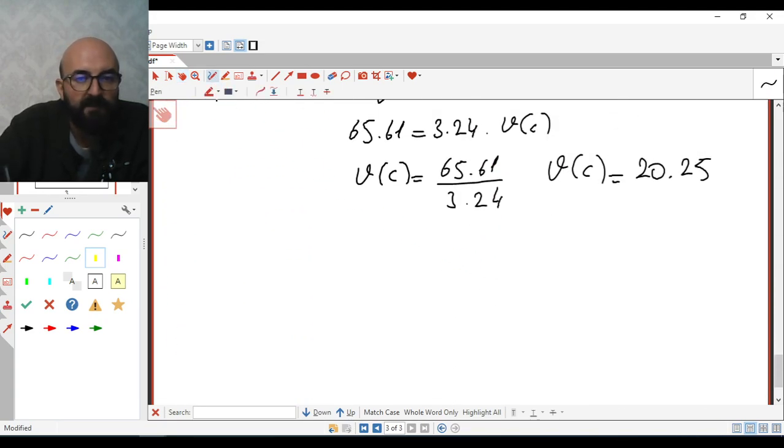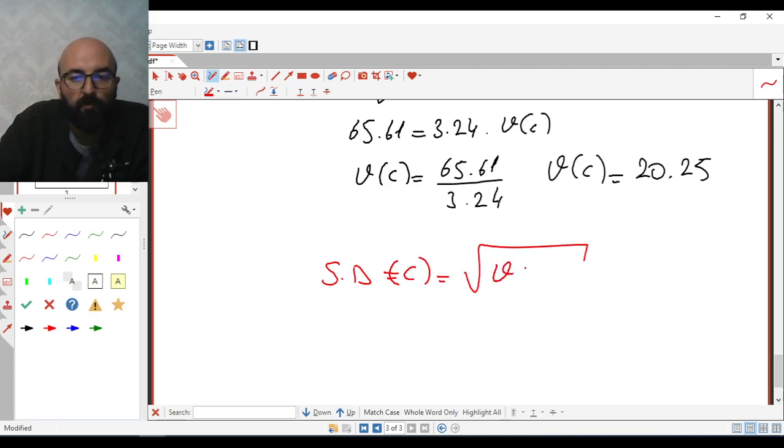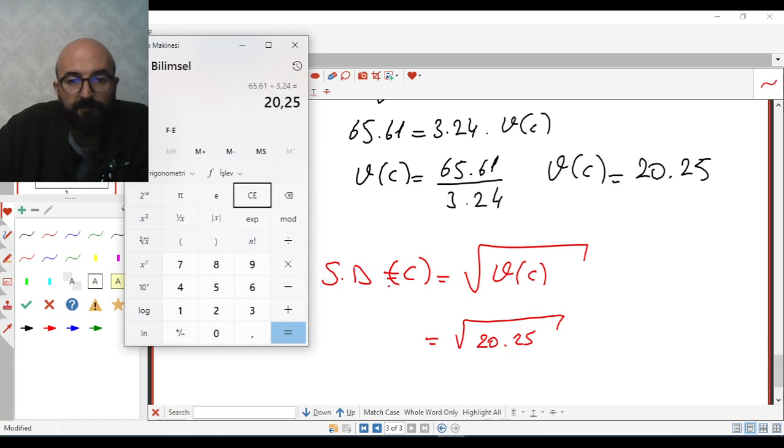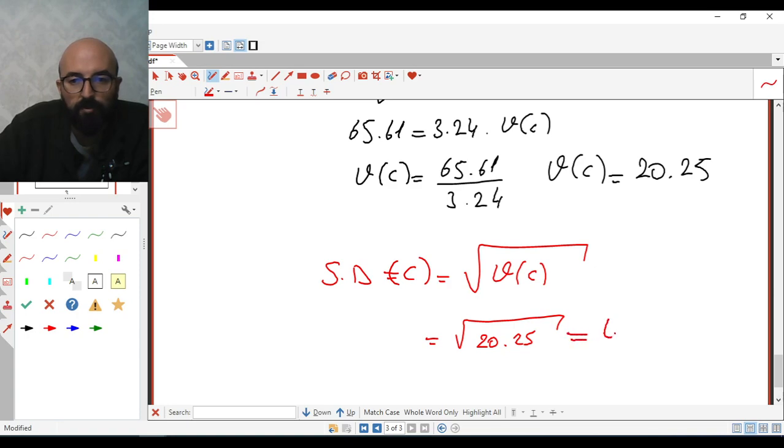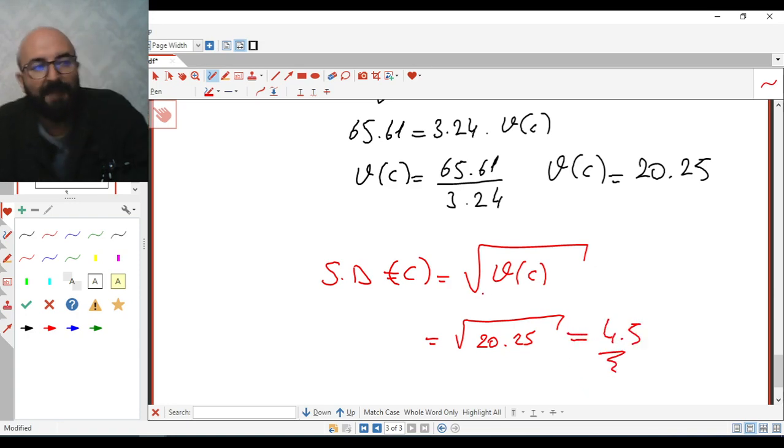So please remember that the standard deviation of Celsius means the square root of the variance of C, and the square root of 20.25 becomes 4.5.